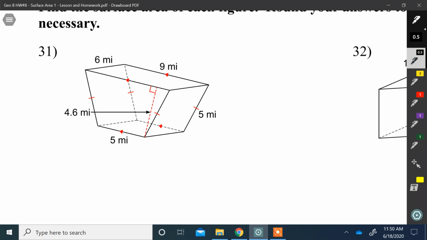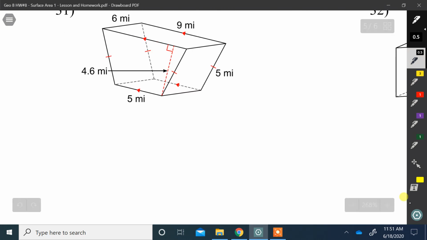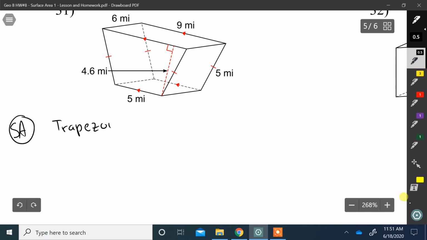So I see a trapezoid, and I see a box-like shape attached to it. The first thing I want to do is find the area of the trapezoid. We're going to be looking for multiple areas here. Surface area. Let's look for the trapezoid. That's the front and the back.